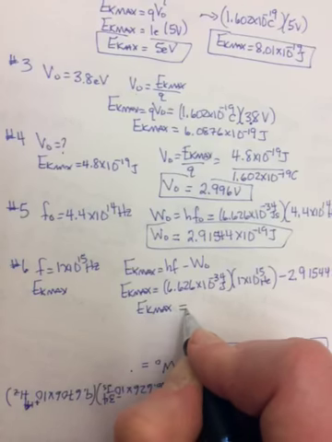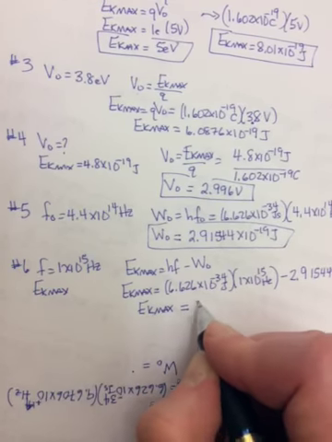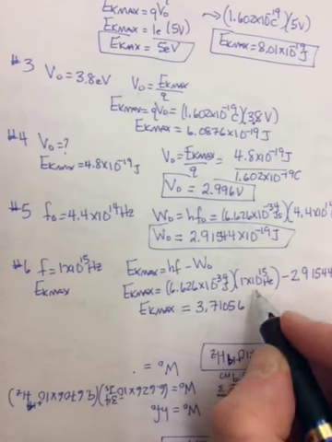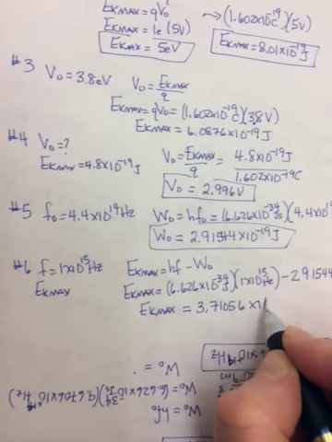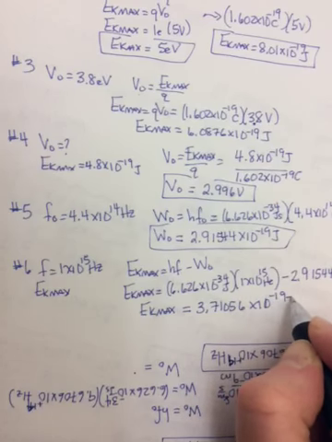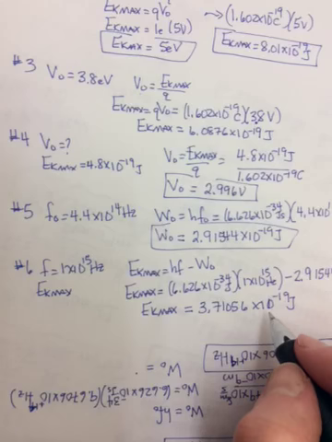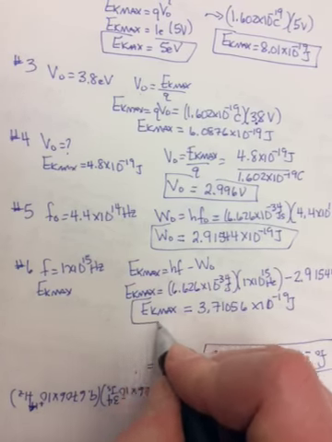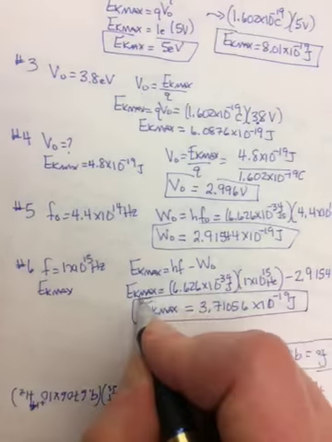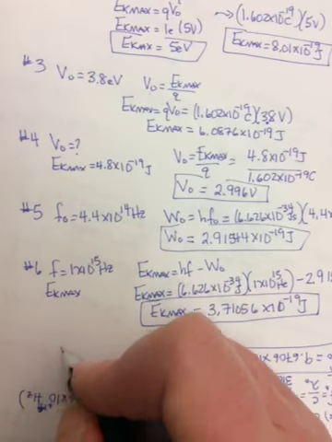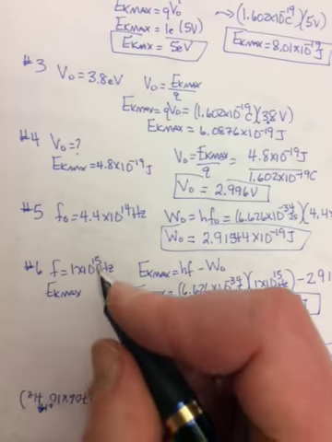Okay, do the math, and you should get 3.71056, I think, times 10 to the negative 19 joules. And it doesn't say in joules or in electron volts, so you can just leave it in joules if it doesn't ask you. And there they are. There are all your questions done. Okay? Time to practice a few more, I think.